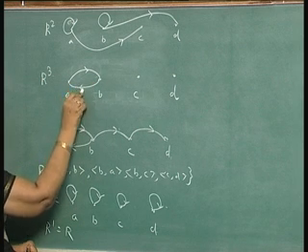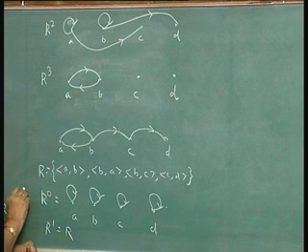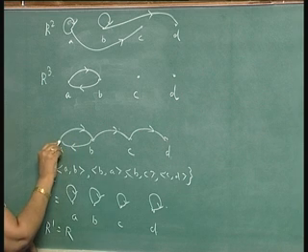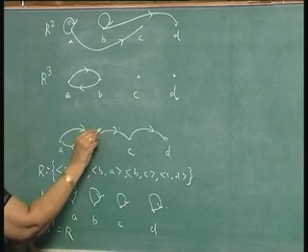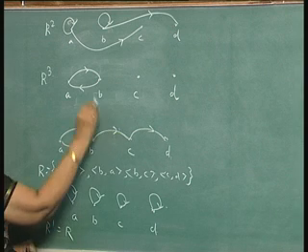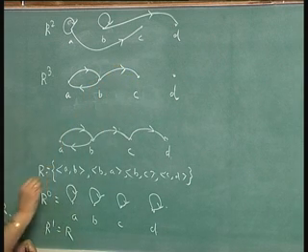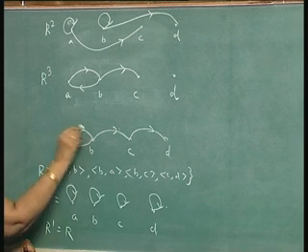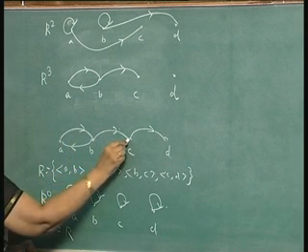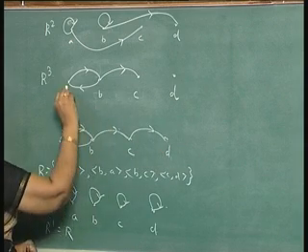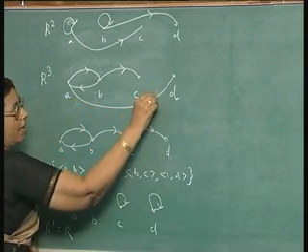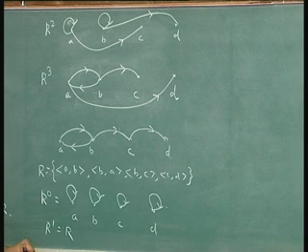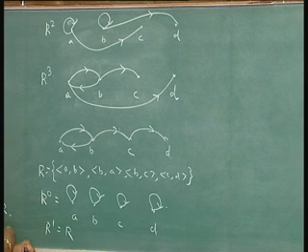So, there will be an arc like this. B to A to B, B to C, there is a path of length 3 here. So, it will be like this. Then A to B, B to C, C to D, there is a path of length 3. So, there will be an arc like this. This is R cubed. Now, what about R power 4?